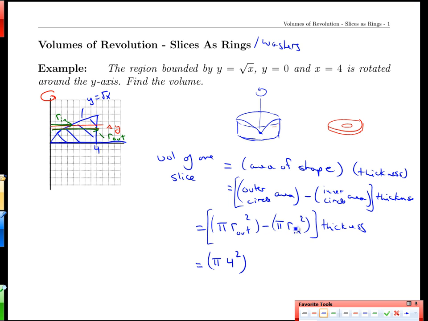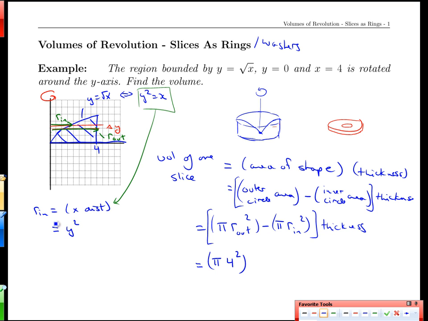The more interesting radius is this inner radius. The inner radius, which is equal to an x distance, is the x distance defined by y equals root x, or we can rewrite that as y squared equals x, and that's the x distance we're talking about. X equals y squared.